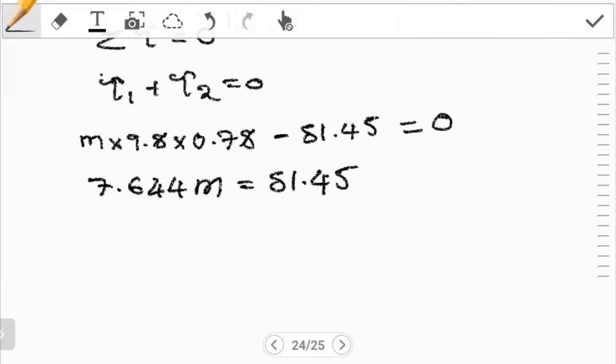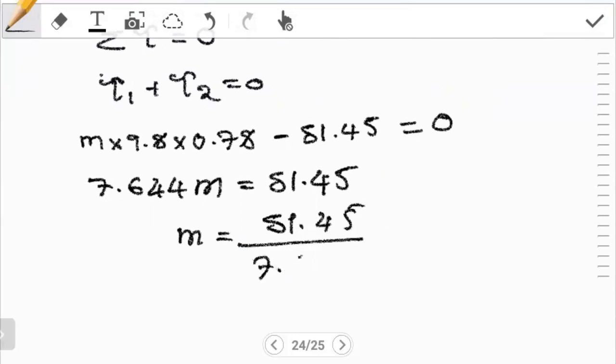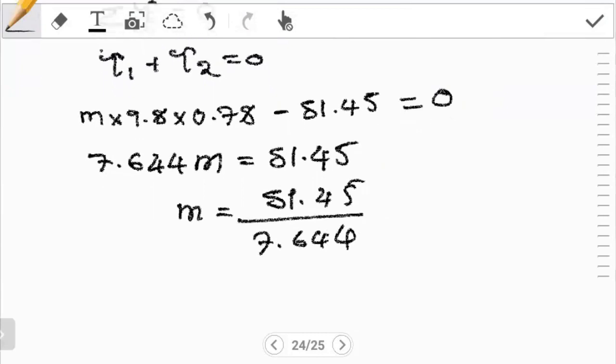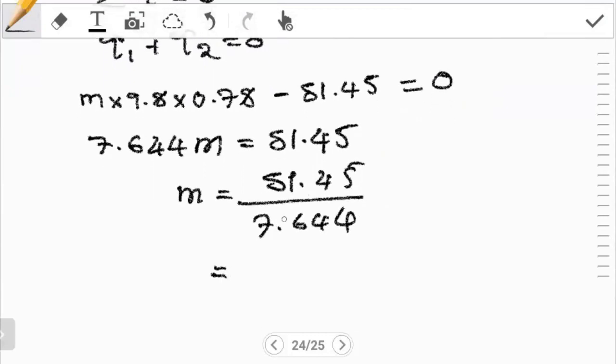Divide both sides by the coefficient of m, and we end up with m equals 51.45 divided by 7.644. When we simplify this, we get the mass of the object as 6.73 to 3 significant figures. Since we used standard units throughout, the answer for mass is in kgs. So this is how we get the mass.